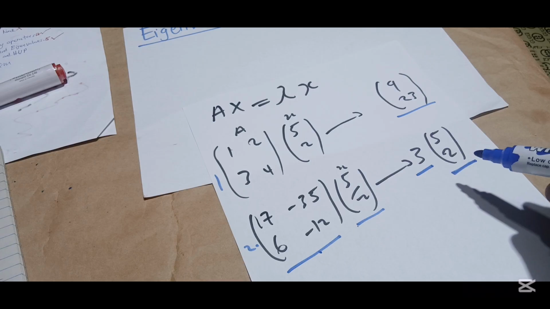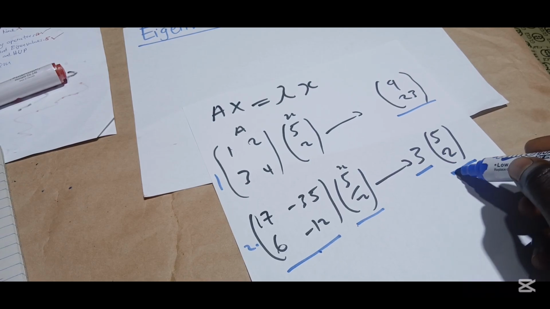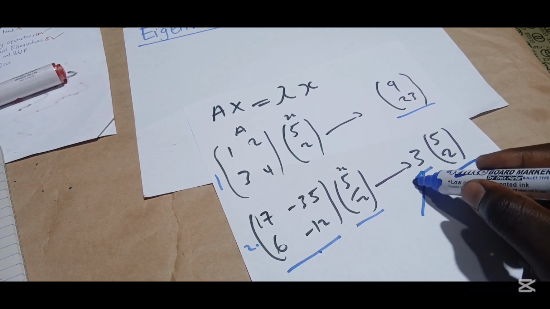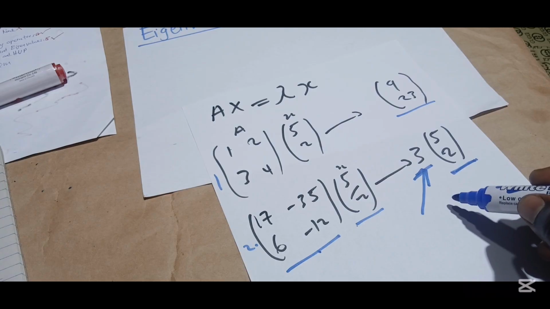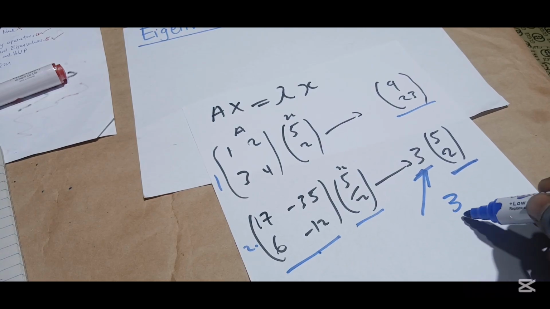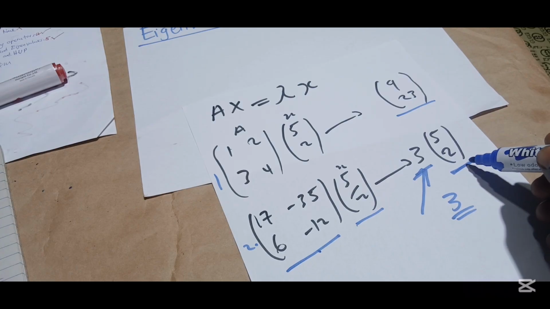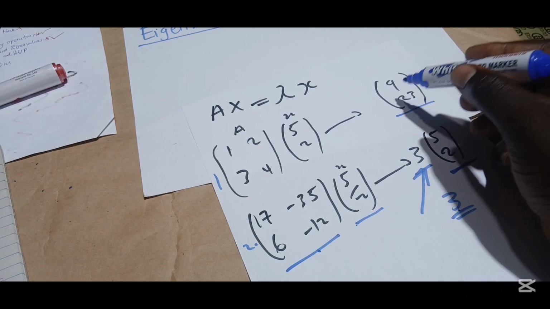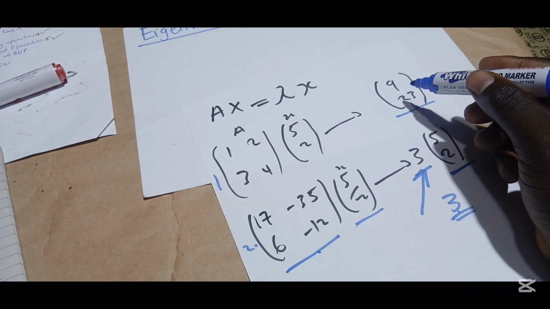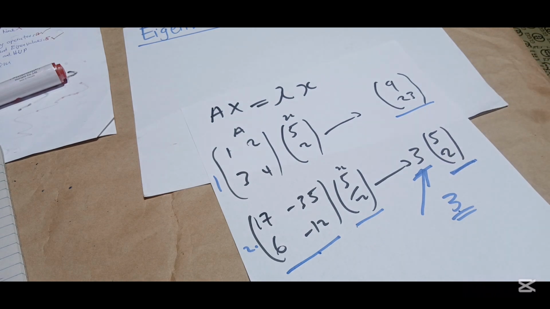The vector is stretched by a factor of 3. Here the vector is pointing in the same direction, but stretched by 3. In the first case, the vector is transformed.